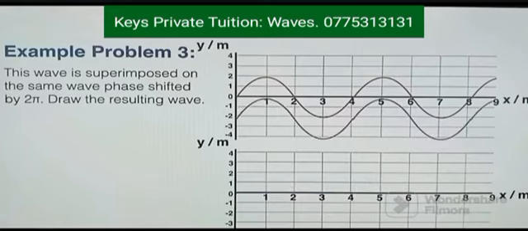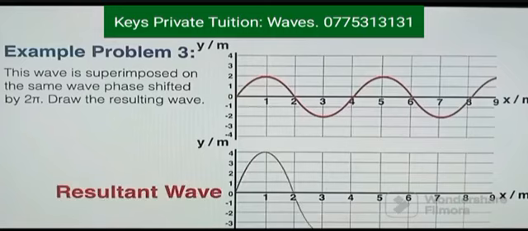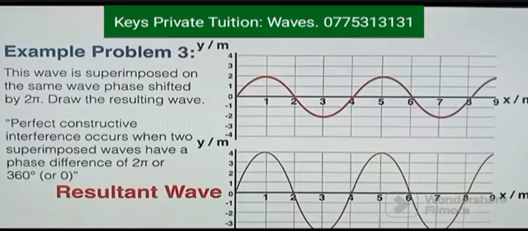So if I superimpose that on the first wave there, I'm going to have a resultant wave that looks like this, which is just an addition. Each point was a +2 on the initial wave pattern, and now it's a +4. A -2 becomes a -4. So this is what would happen, and this is called perfect constructive interference, which happens when waves are superimposed and there's a phase difference of 2 pi or 360 degrees.